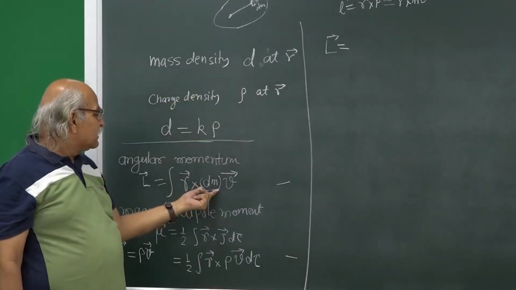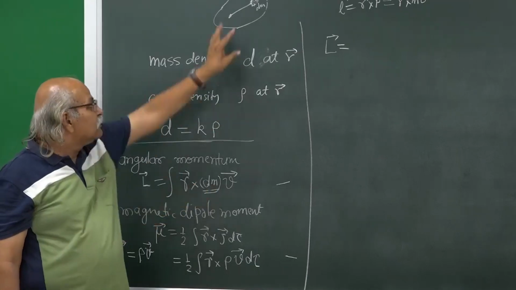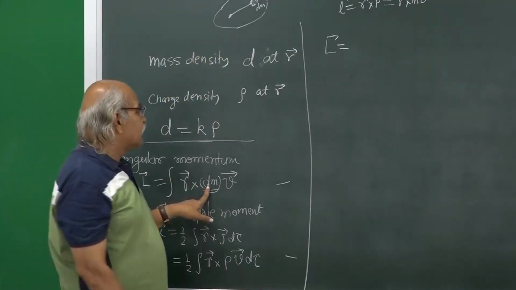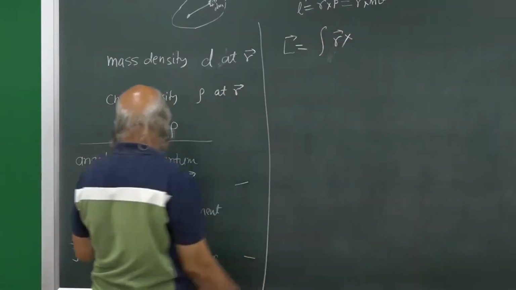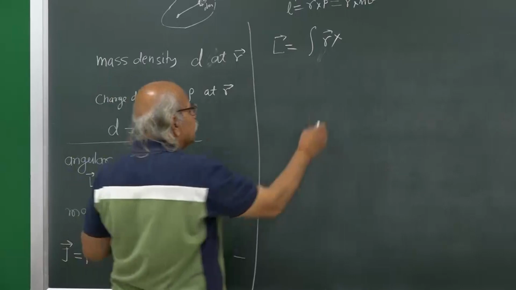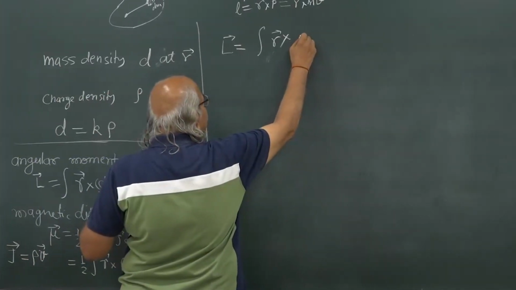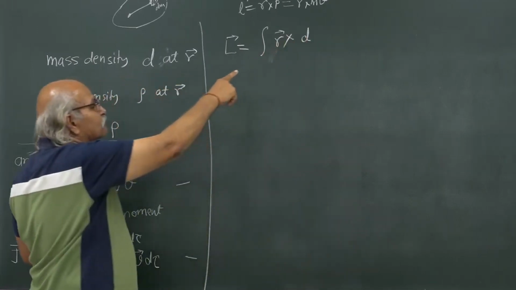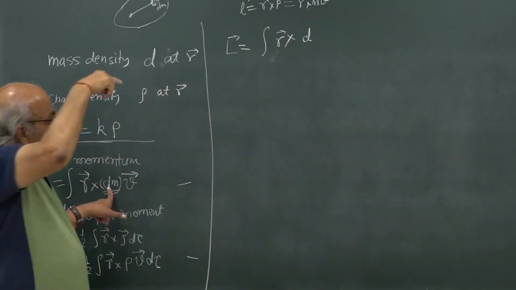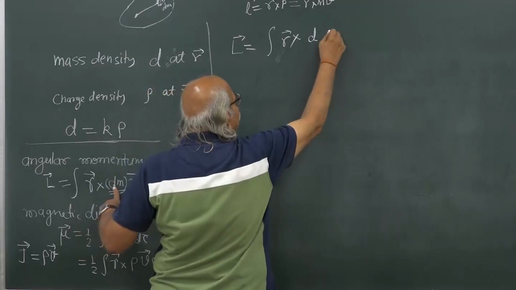So this dm is mass density times the volume. So this you can write as integration r cross dm. Dm is D, remember this D, don't get confused, D times d tau.